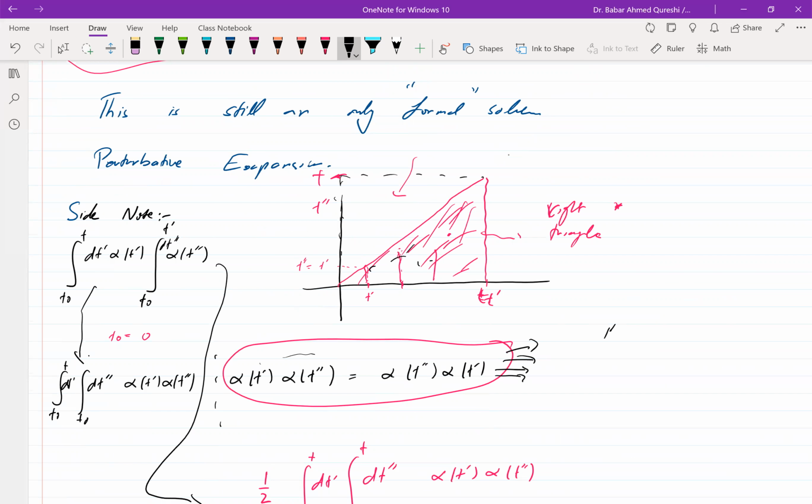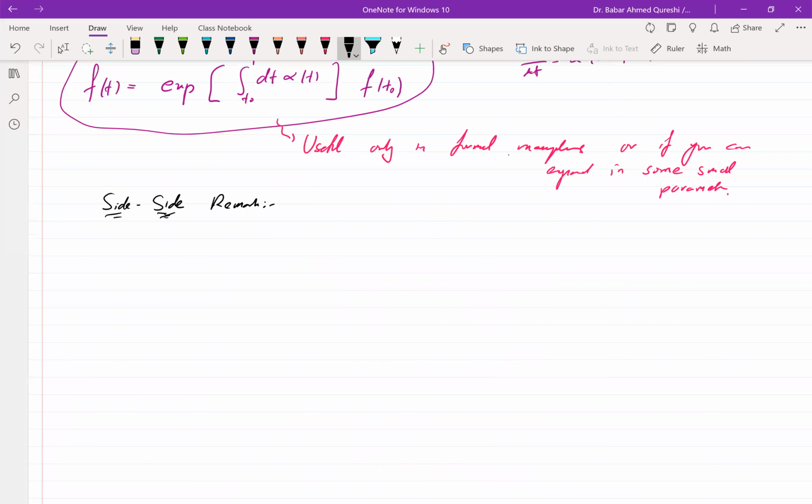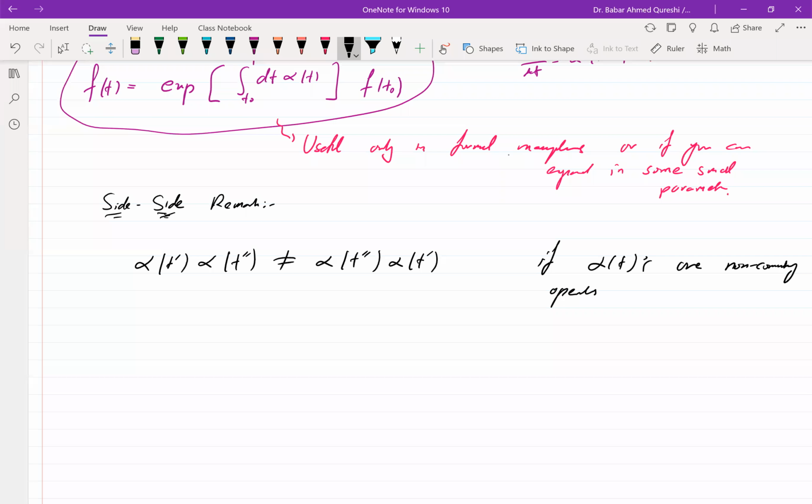This will not be true if they do not commute, if alphas of t are non-commuting operators. So there could be operators or matrices which just do not commute at different times. At different times, you're getting different operators and they do not commute.